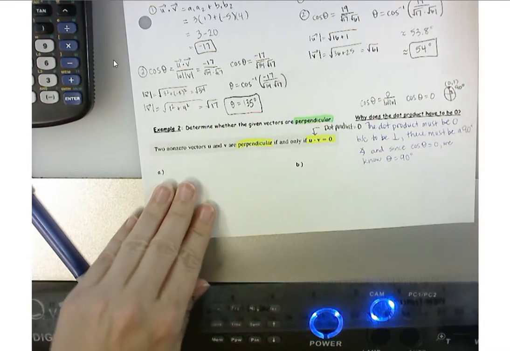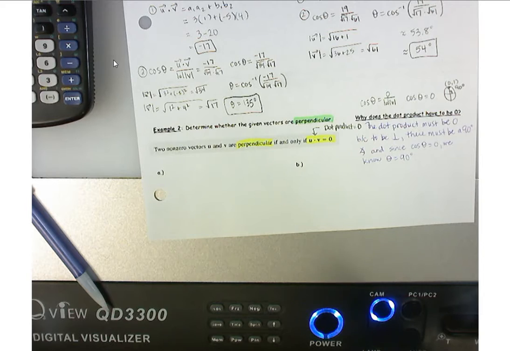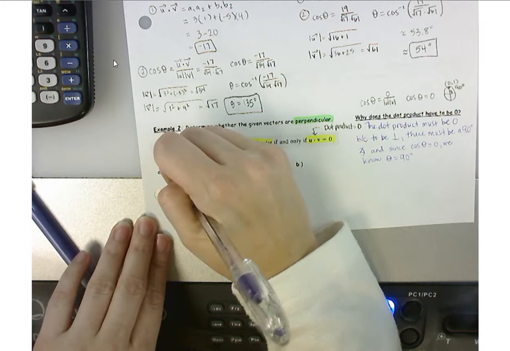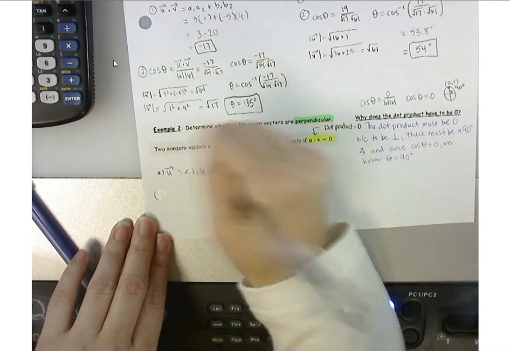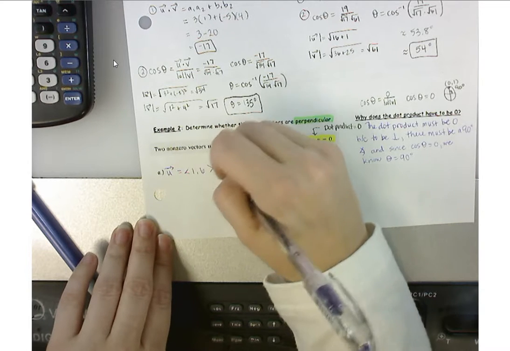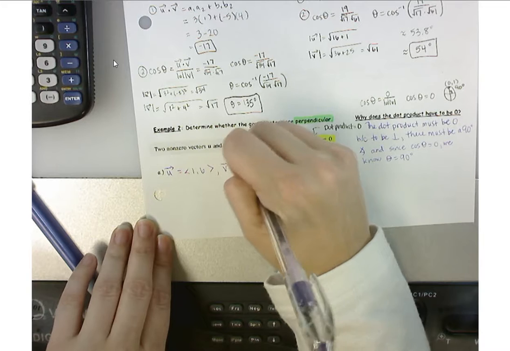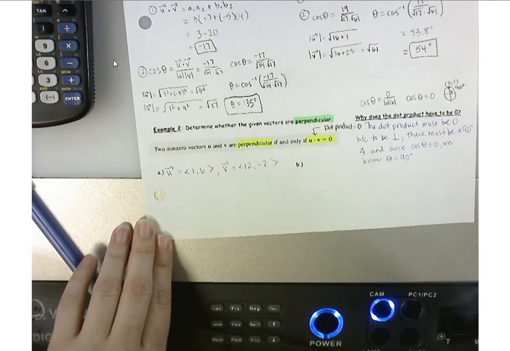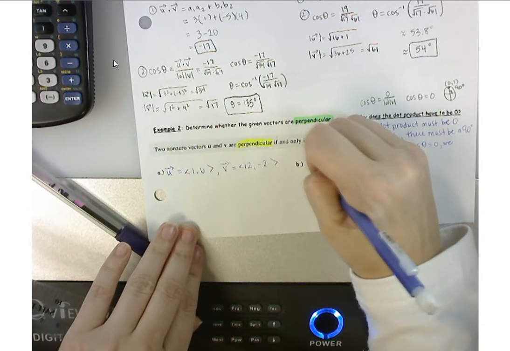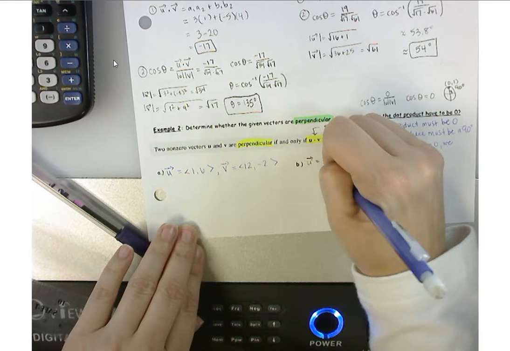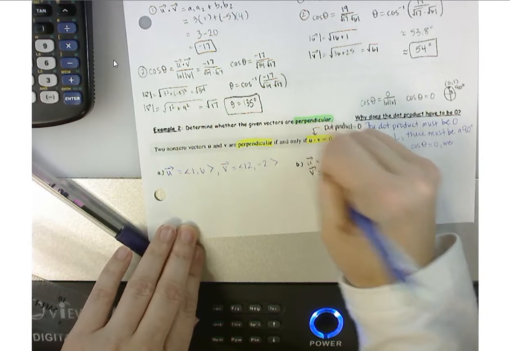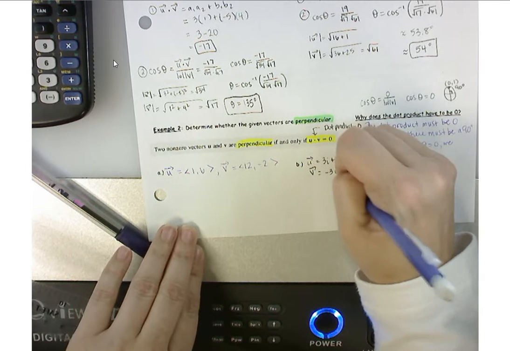Okay, so I'm going to give you a set of vectors, and then I want you to determine if they're perpendicular. So to determine if they're perpendicular, what is going to be your process? Yeah, so first you have to find the dot product. And then for B, your U value is 3i plus 4j, and your V is negative 3i plus 4j.